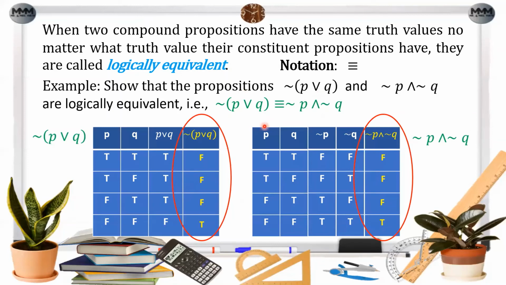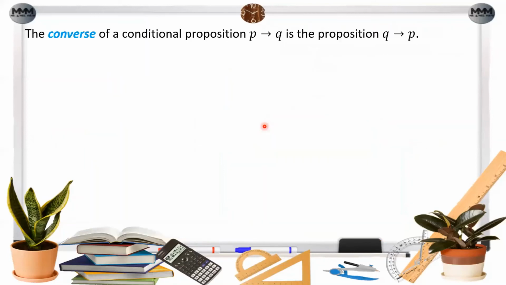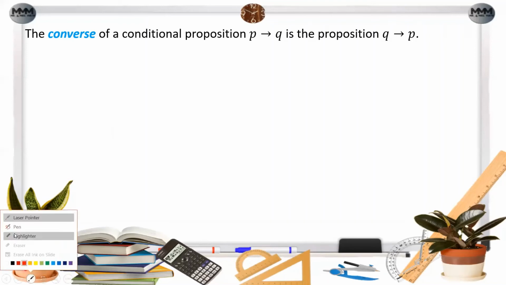So let's have here the next. Now for the converse of a conditional proposition, we have here if P then Q. The converse of this is the proposition if Q then P. Now notice here, P is our hypothesis, right? And Q is our conclusion.